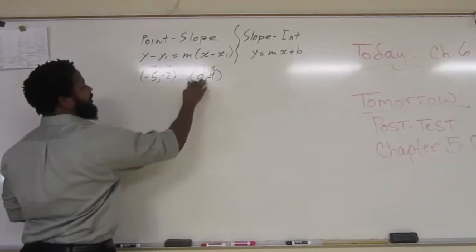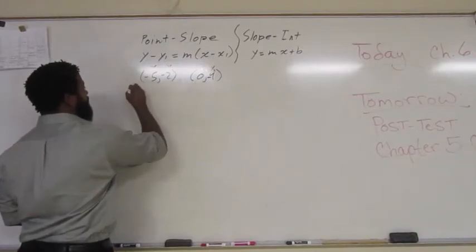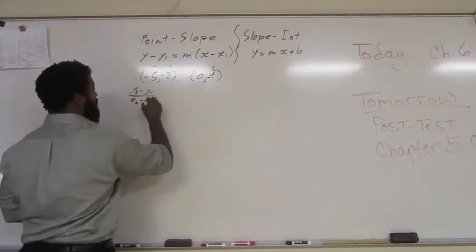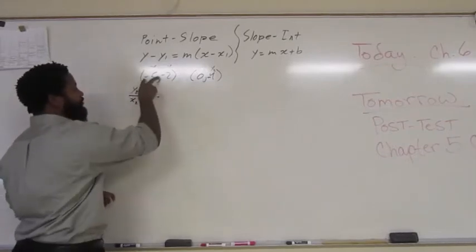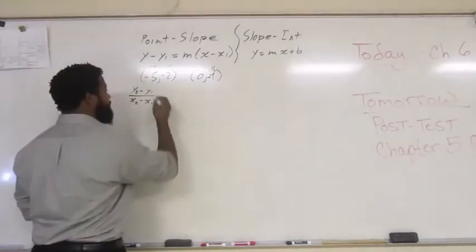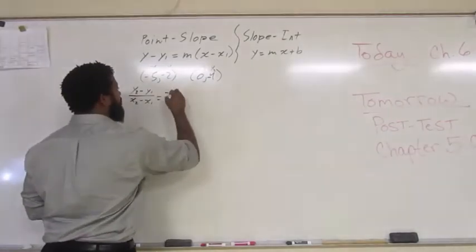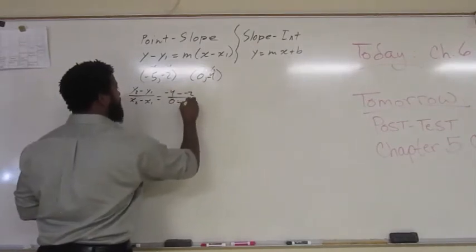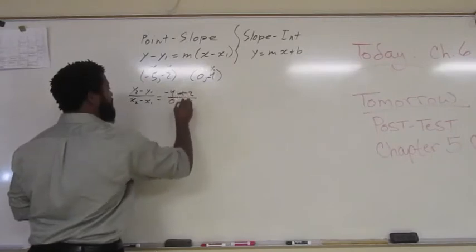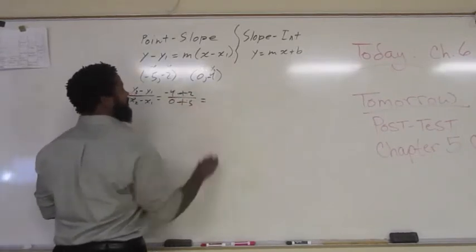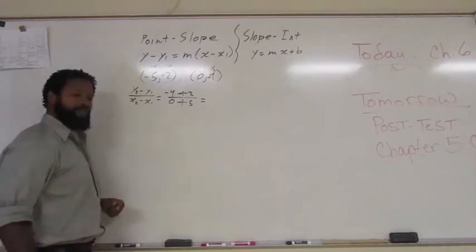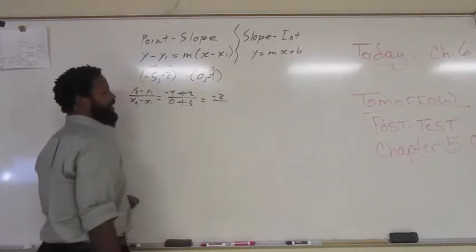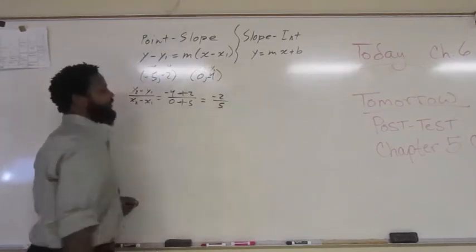If I were you, I would start with y2 minus y1 over x2 minus x1, because we have 2 negatives that we can add. So we have -4 minus -2 over 0 minus -5. Obviously, they add together. Therefore, -4 plus 2 is -2, and 0 plus 5 is 5, okay?